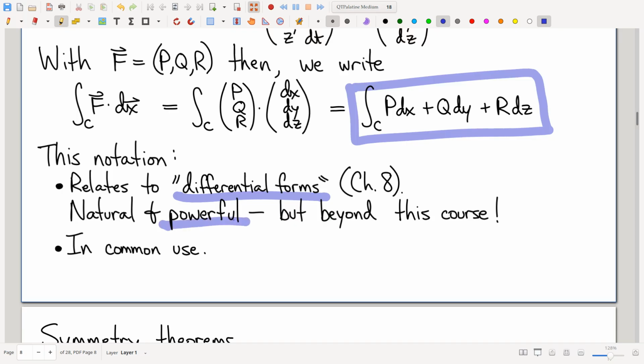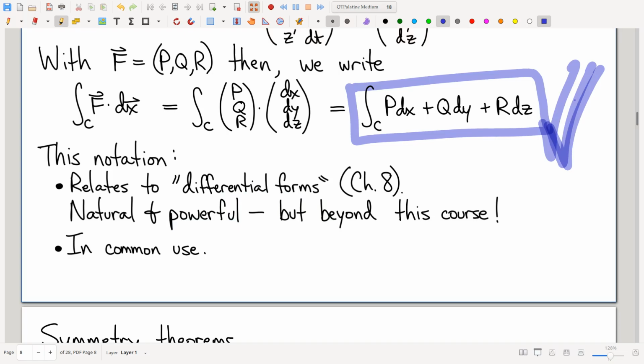Differential forms are how you prove some really big theorems. In fact, even some of the stuff that we're going to do in this class, I am not going to prove. Too sophisticated, can't do it in this course. It uses differential forms. And again, not really what this course is about. So anyway, that is very legitimately a great reason to want to use that notation. It just doesn't come up in this course.